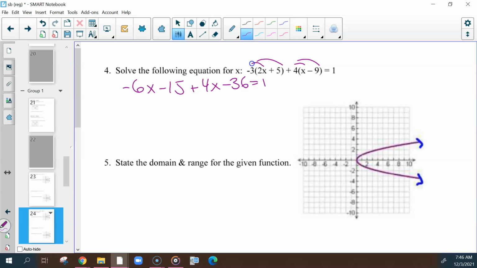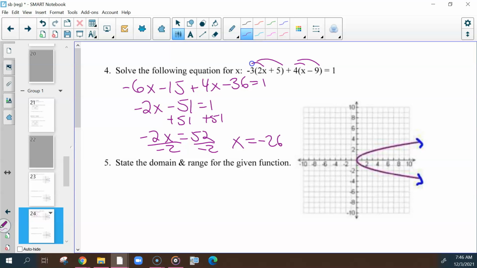Combine your like terms, and solve for x. So x equals negative 26.